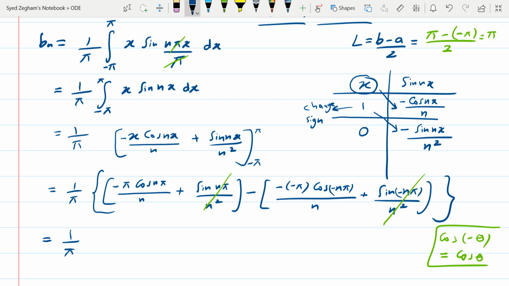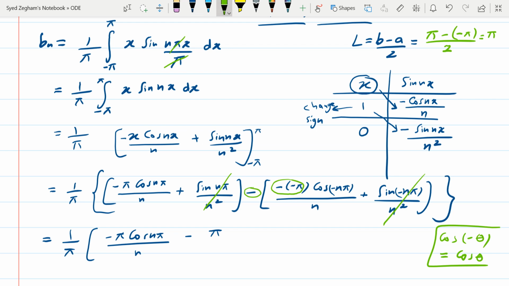1 over pi, minus pi cos n pi divided by n, right? And if you see here, this will become plus pi, and one more minus is there, so it will become minus pi.